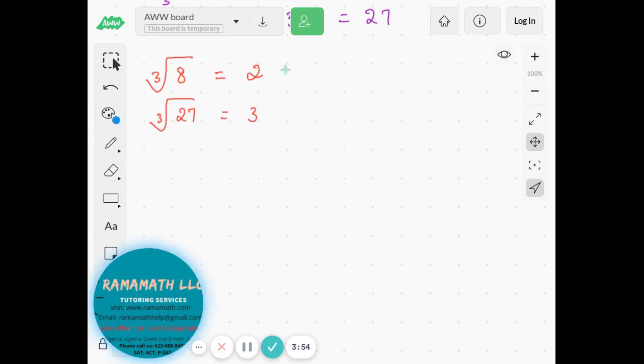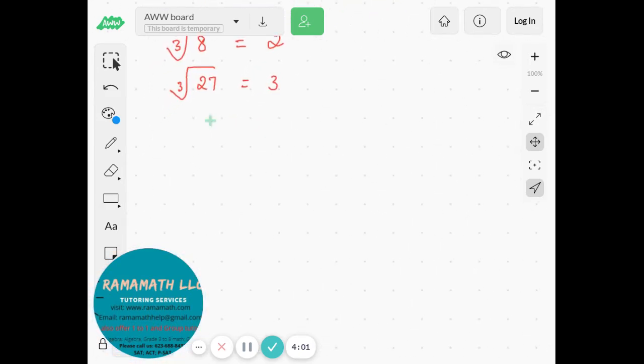I'm going to write a number, and cube, and then cube root.